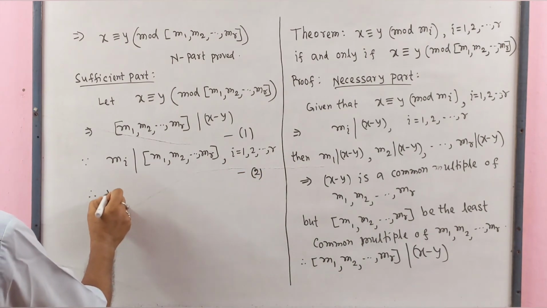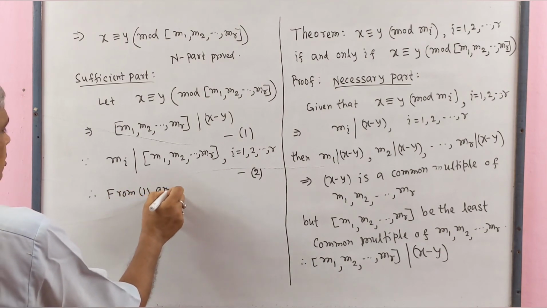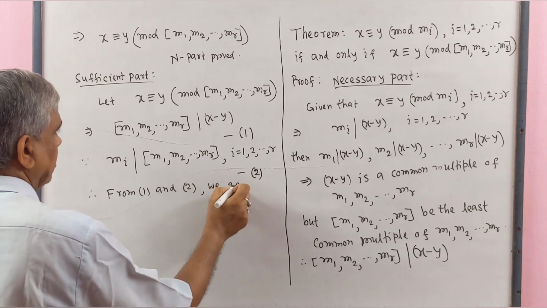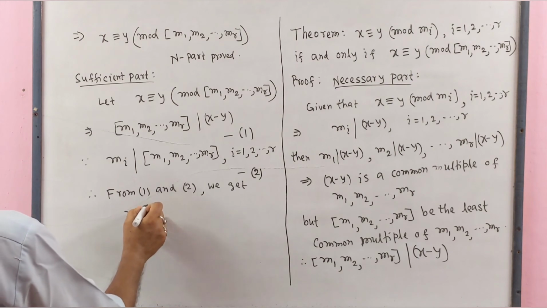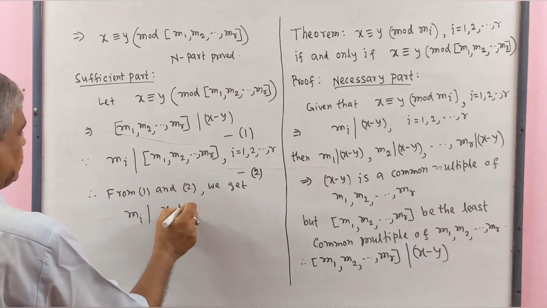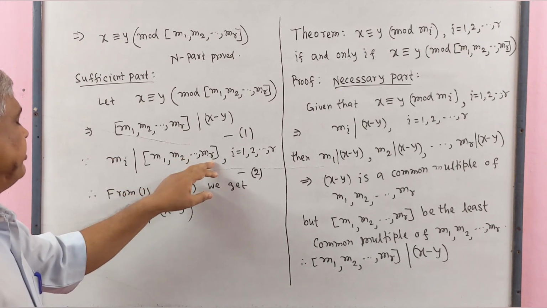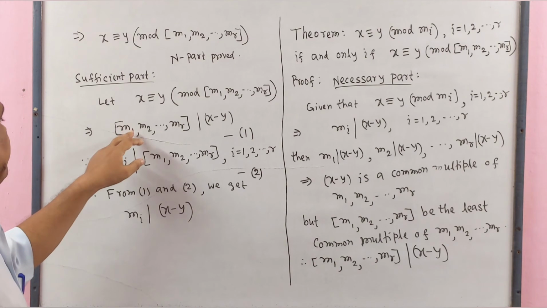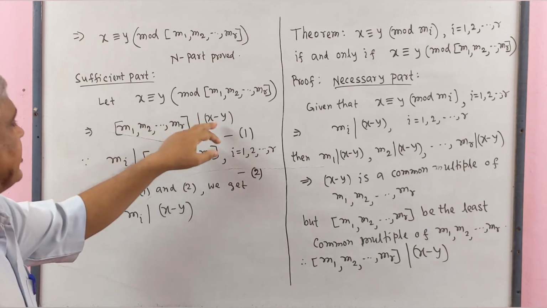Therefore, from 1 and 2, we get mi divides x minus y, because mi divides LCM of m1, m2, ..., mr, and LCM of m1, m2, ..., mr divides x minus y.